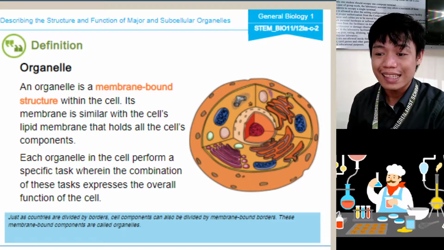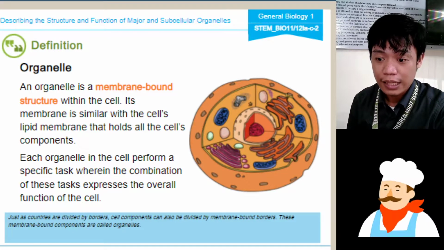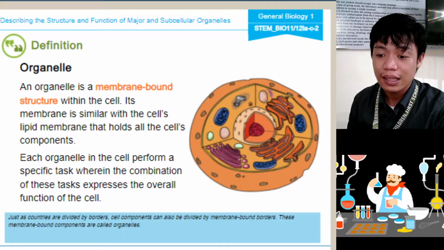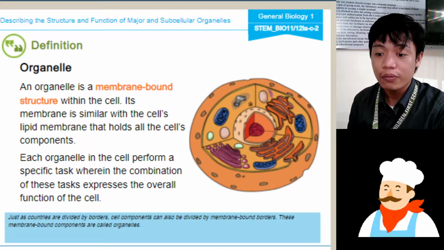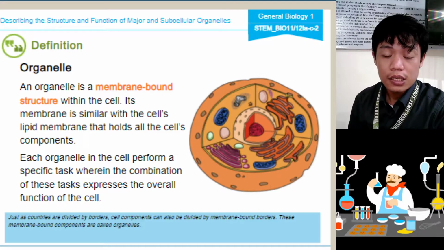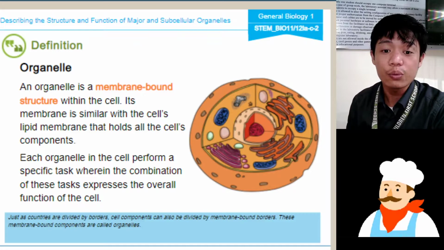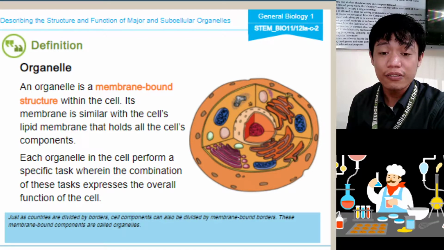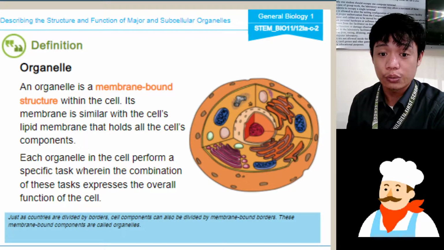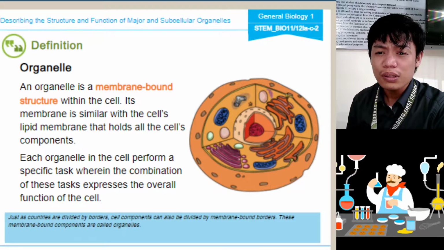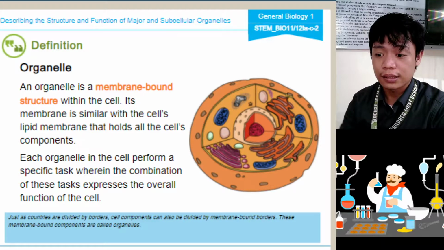Each organelle in the cell performs a specific task wherein the combination of these tasks expresses the overall function of the cell. As you can see in the illustration, we can see different colors and structures, right? Those are the organelles of the cell.